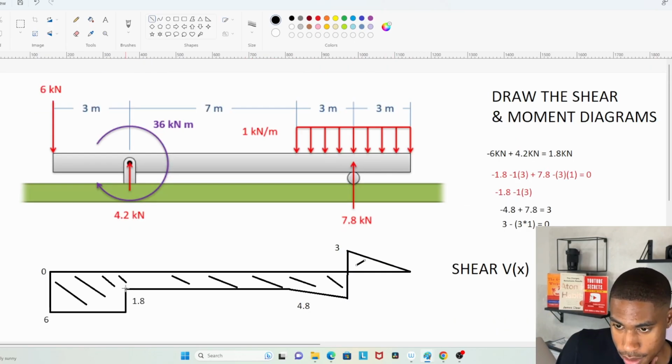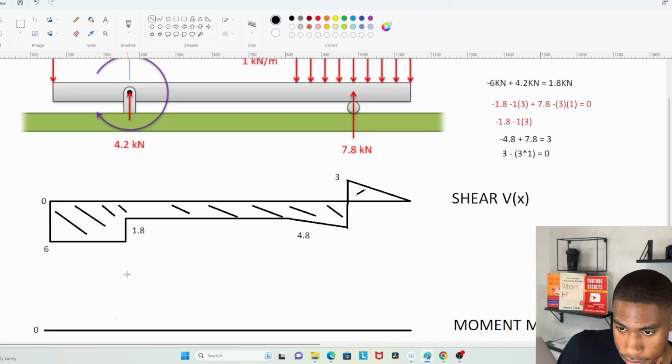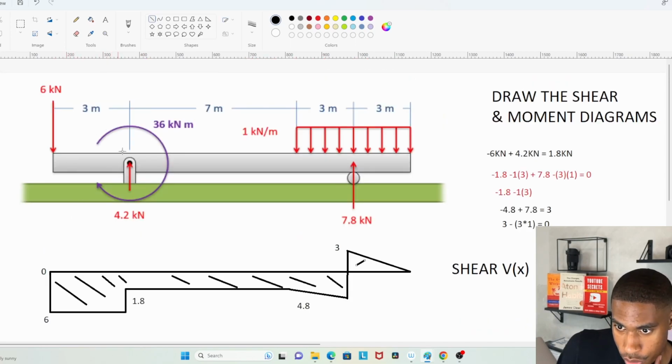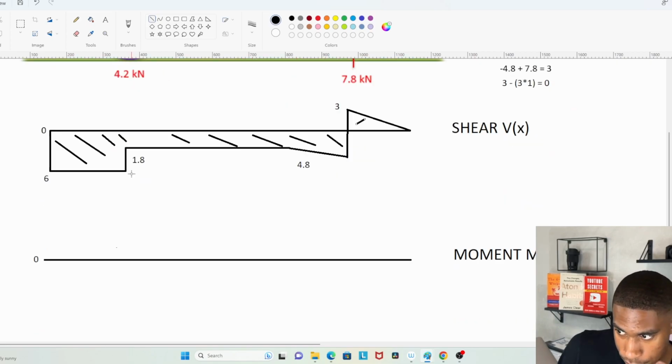Moment is force times distance, right? So 6 times 3, that means our moment will be 18 kilonewton meters.